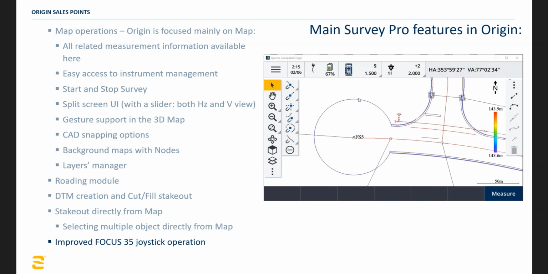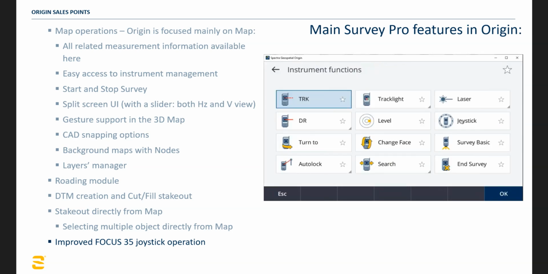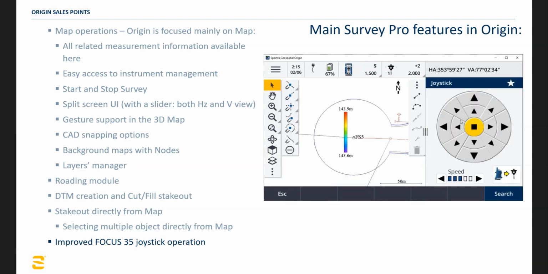Improved Focus 35 joystick operations. What I mean by this is that when we go to instrument functions here, I'm connected to Focus 35, and then when we just select joystick or assign joystick to my favorites or assign joystick to my functional keys like F5 or F6, right, on my Ranger 7 or Ranger 5, then it will automatically launch the joystick.